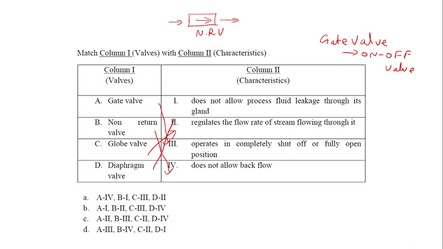So the correct answer will be A is 3, B is 4, C is 2, and D is 1. So the correct answer will be option D.